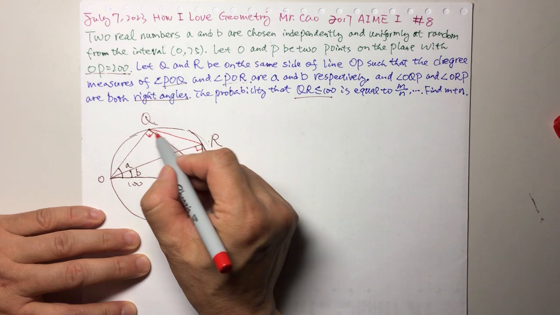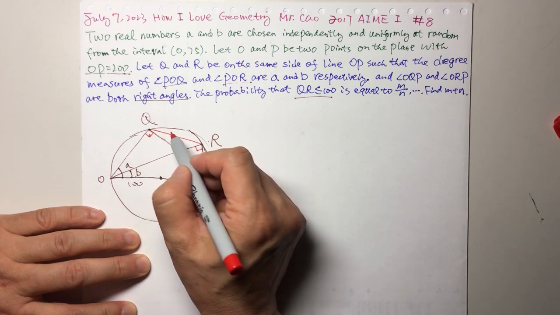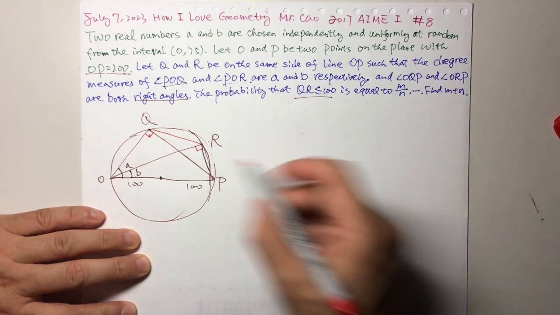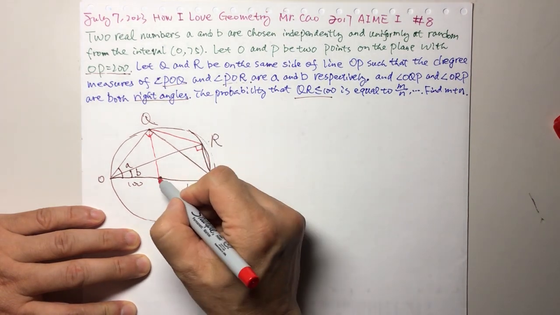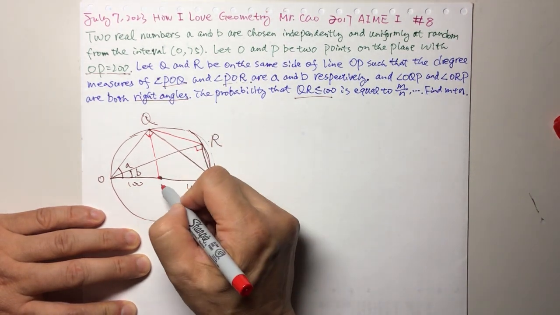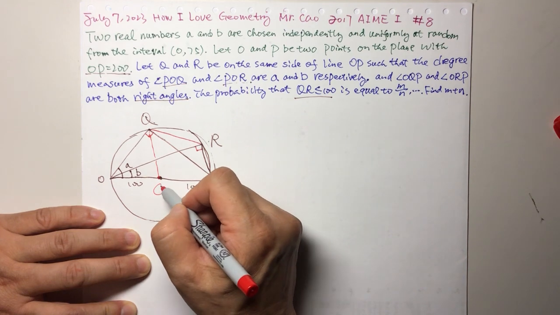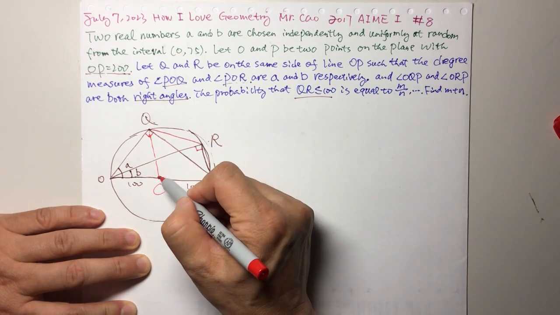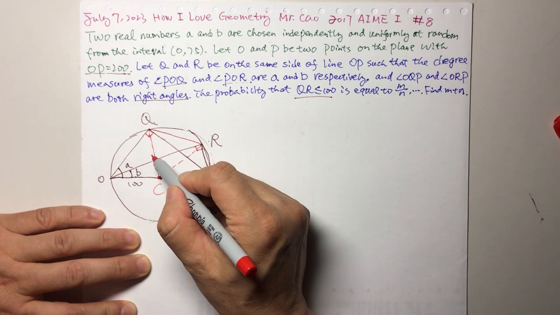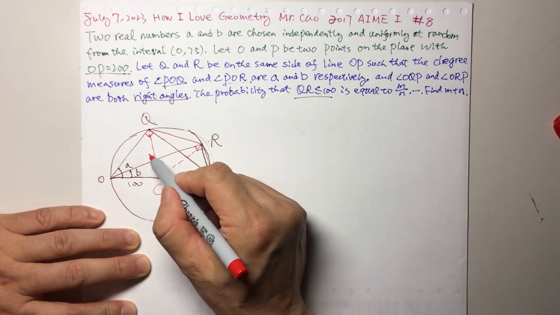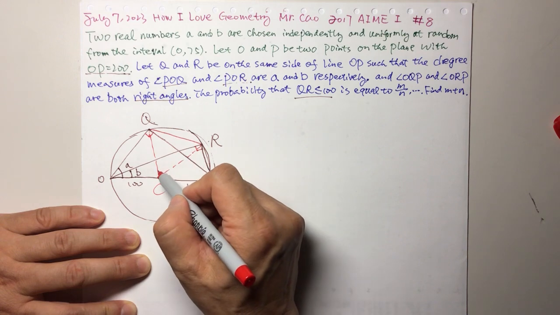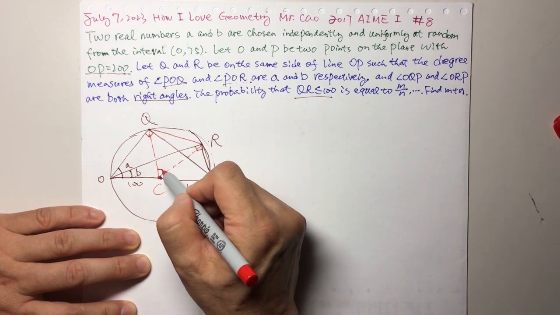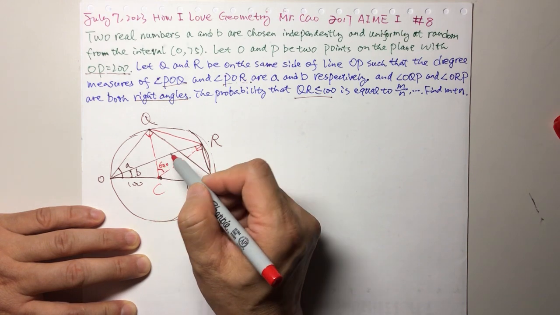So if I say this is 100, then if we connect, let me see, point C, that's the center of the circle. And this one is a radius, that's 100. This CR is also 100, this is 100. So this is an equilateral triangle, so it's 60 degrees.